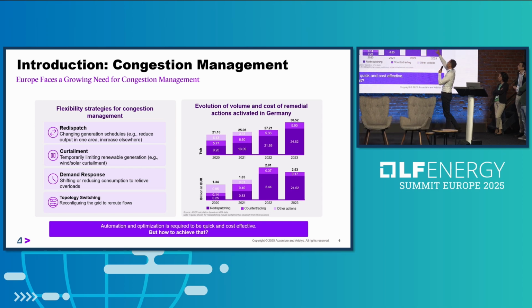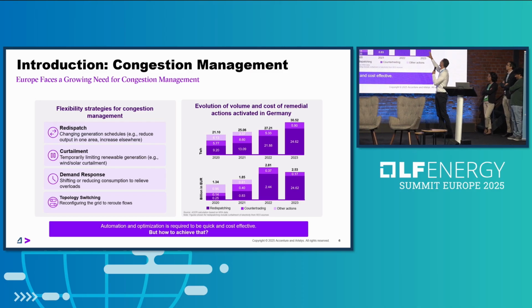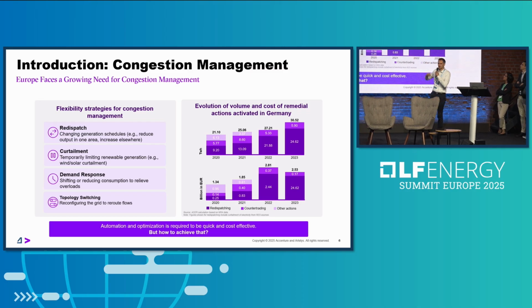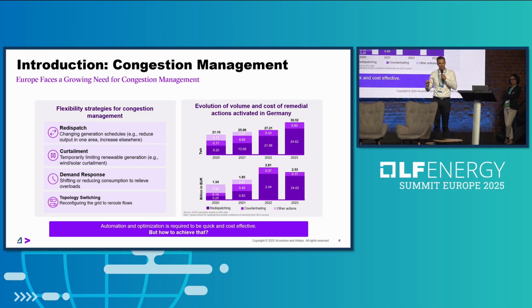We see the evolution of the volume on the top and the costs on the bottom part of remedial actions in Germany. And what we see is that there was an increase here on the top part, where you see on the y-axis the volume, an increase of 45% in just 4 years.